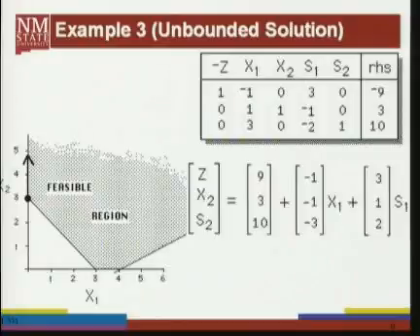So in this case, we cannot perform the minimum ratio test, right? Because the minimum ratio test provides no blocks on the increment of the S1 variable. So in that case, we may conclude that the current LP is unbounded above, because this is the maximization problem, right?